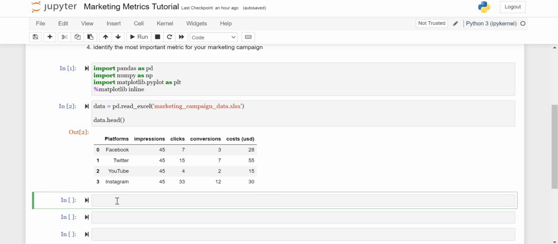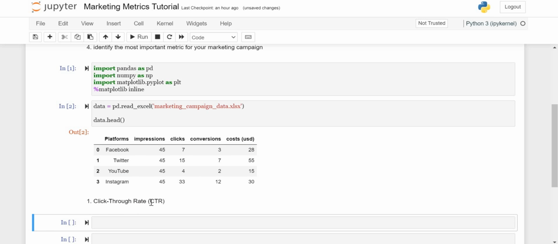So the first metric that we'll be working on here is what we call click-through rate, also called CTR. Let's put this in the markdown.